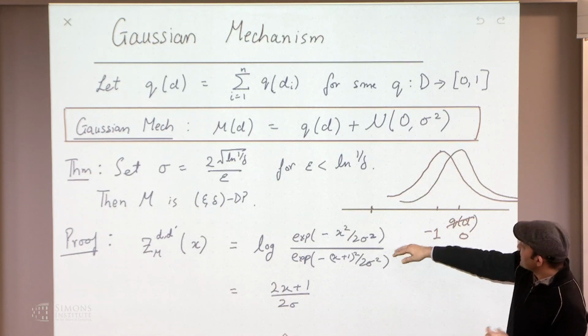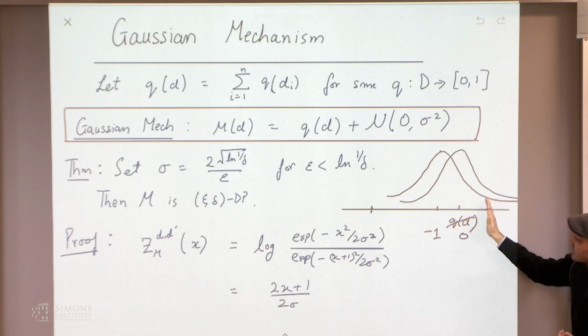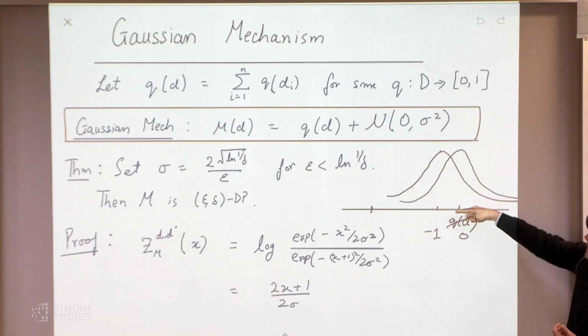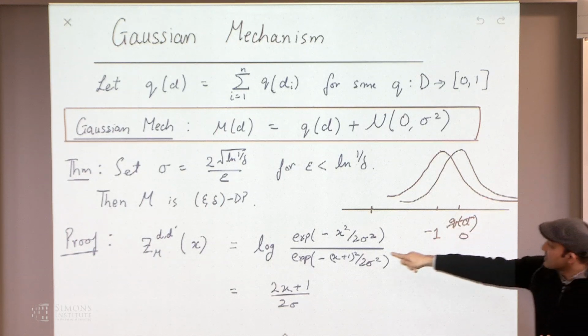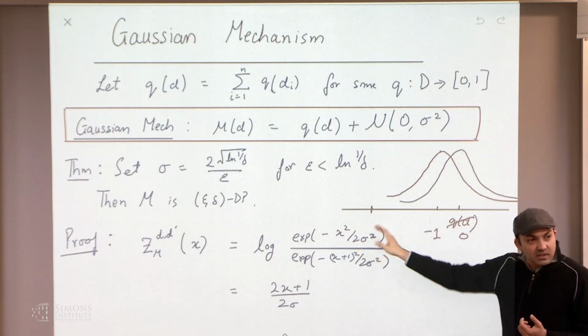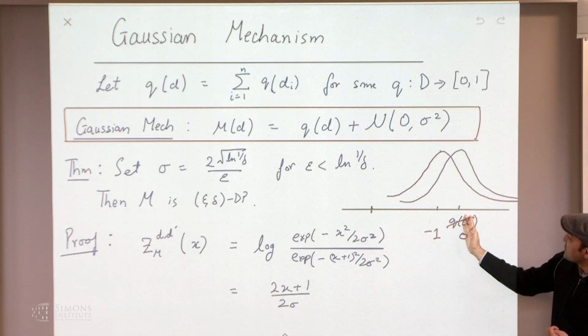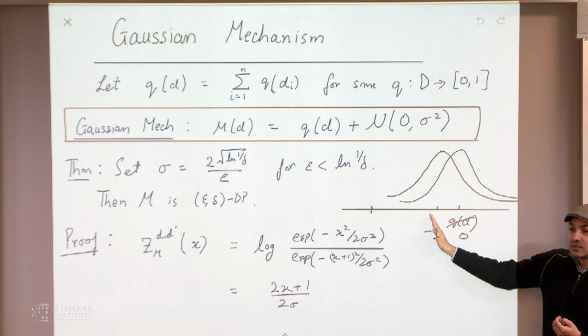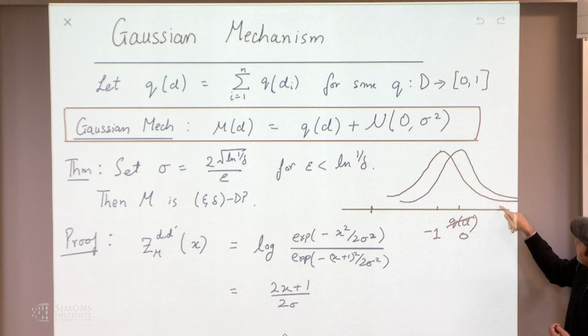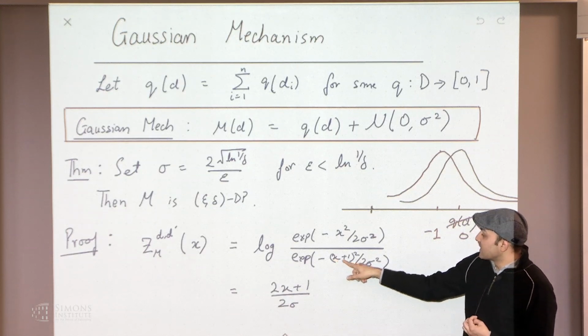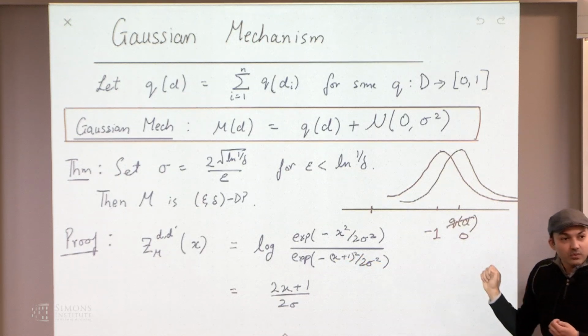Okay, so what's the probability density at a point x when I sample from M of D? It's just e to the minus x squared over 2 sigma squared, divided by some normalizing constant. When I change the mean of the Gaussian from 0 to minus 1, the density at x goes down to something like e to the minus (x plus 1) squared over 2 sigma squared.